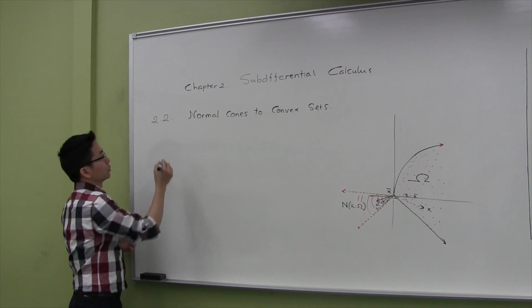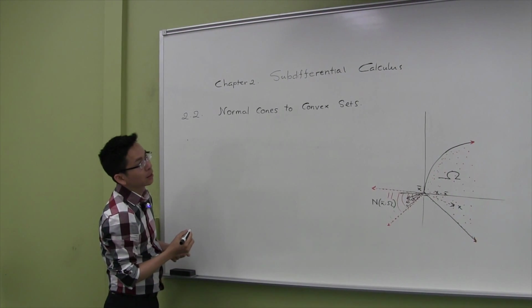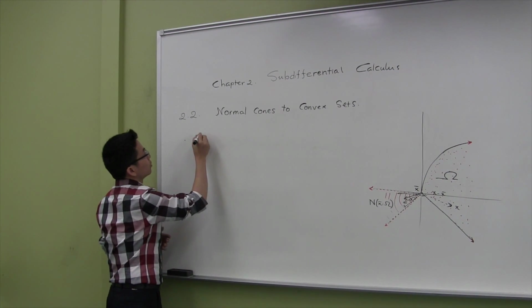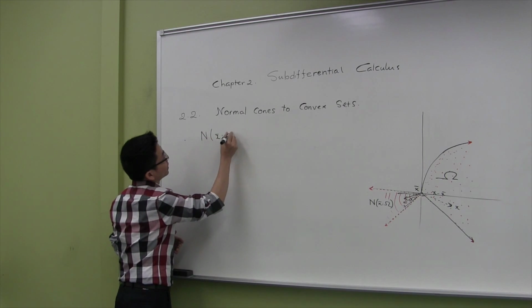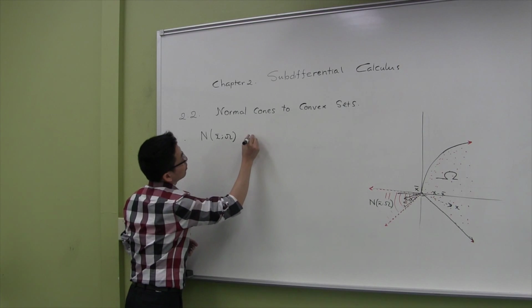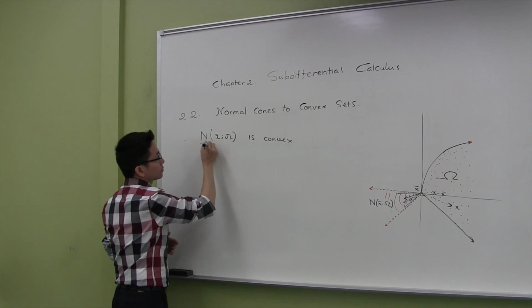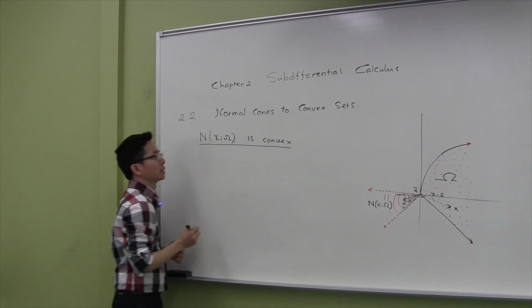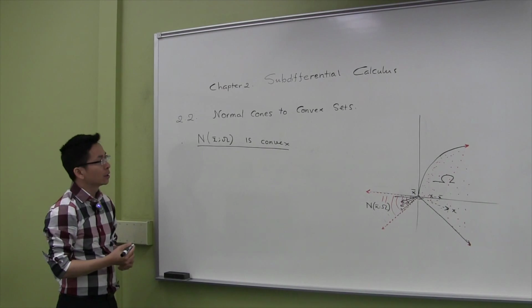So let me continue with the second part of the proof by showing that the normal cone to the set omega at x bar is convex. The proof is also very simple.